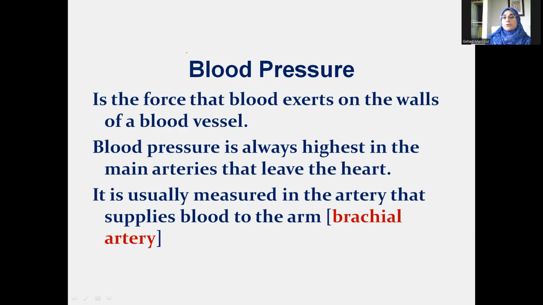So as we said on Thursday in the sphygmomanometer lab, the blood pressure is the force exerted per unit area on the walls of a blood vessel. We cannot say that pressure is equal to the force, but it is the force per unit area.